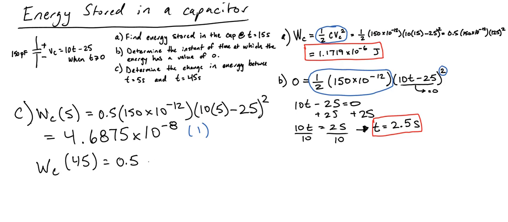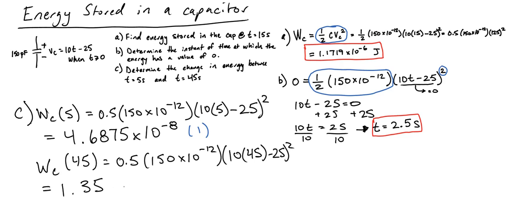So we have our 1/2 C V squared, which is now 10 times 45 minus 25 squared. That's going to give us 1.3547 times 10 to the minus 5.